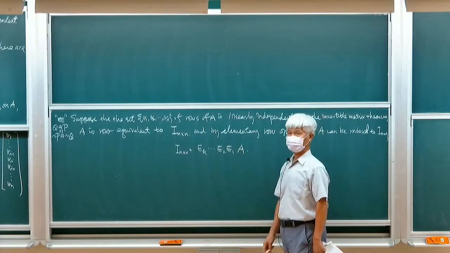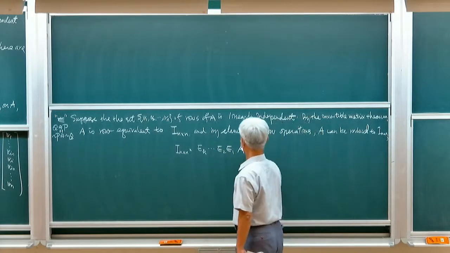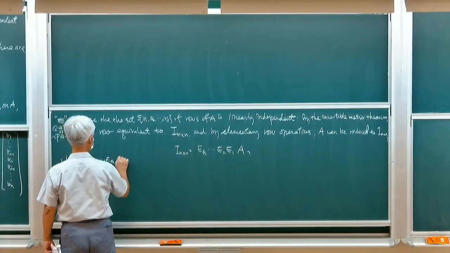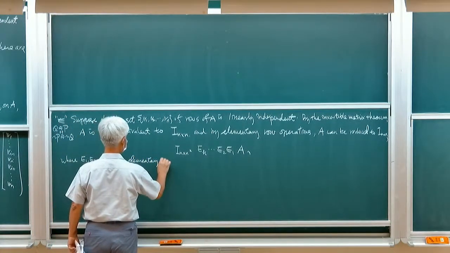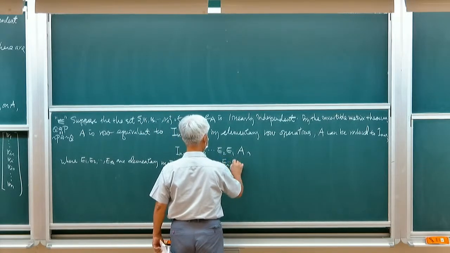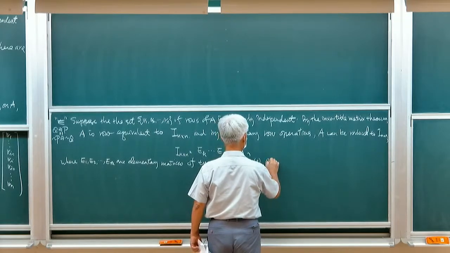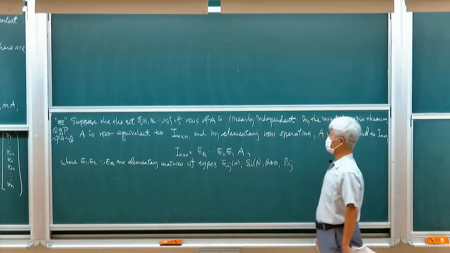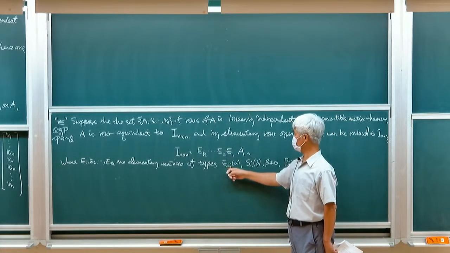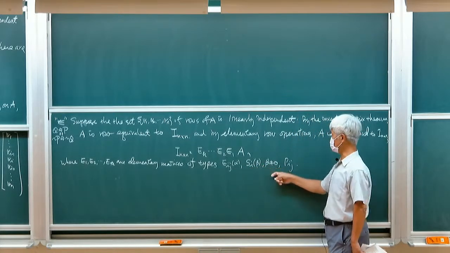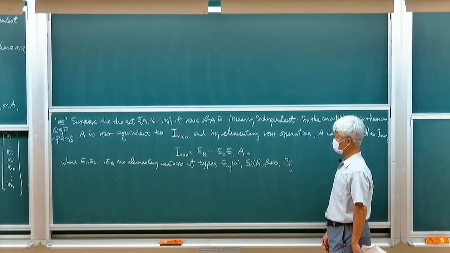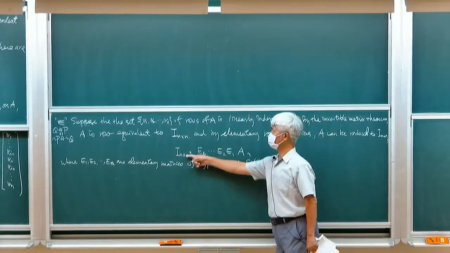Either corresponding to replacement row operations, scaling row operations with non-zero scalar, or swap of the ith and jth row. Okay, so we know that.